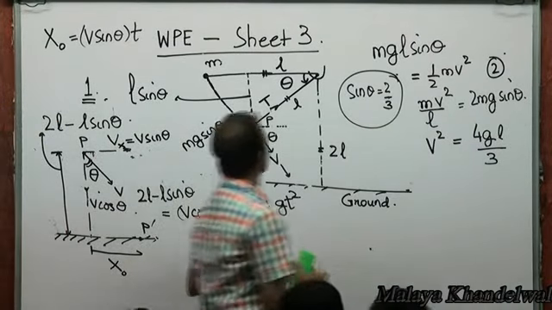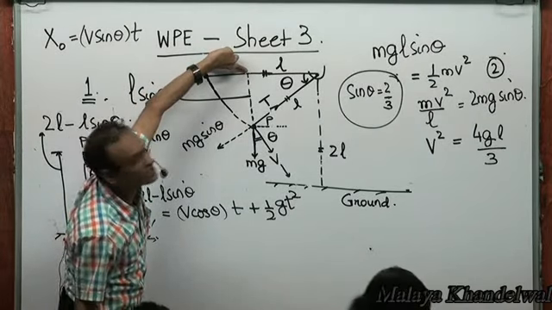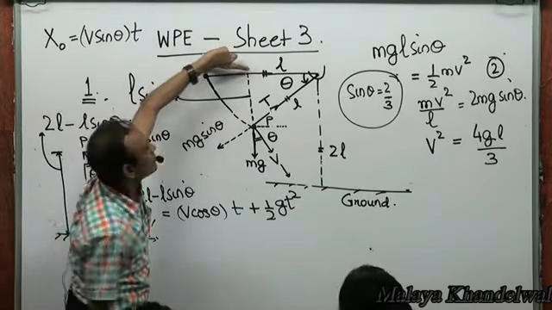Now from this point the horizontal displacement is this much, but if you have to look at how much from this point, then that's not difficult. To x naught you would have to add this amount of horizontal displacement. How much is this? This is L minus L cos theta.